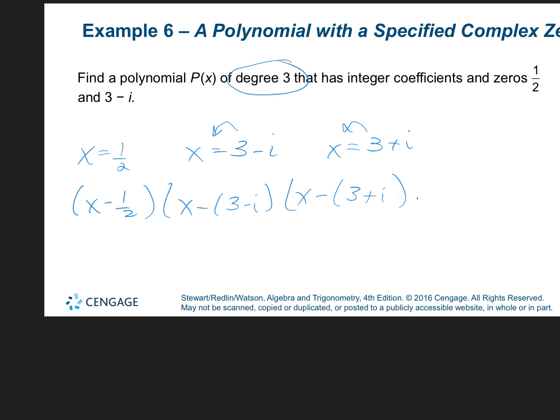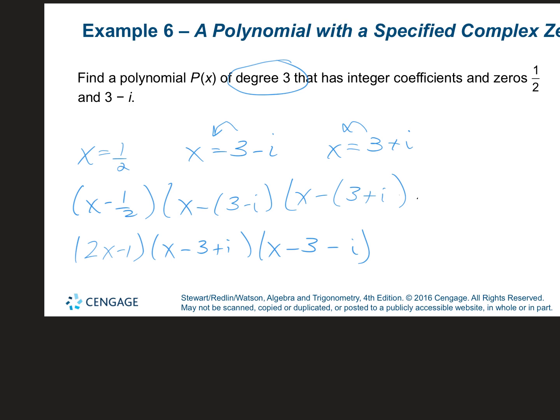What do I need to do with that negative sign? Distribute it, okay. x minus 1/2, that's the same thing as writing 2x minus 1, right? So this is going to become x minus 3 plus i, x minus 3 minus i.